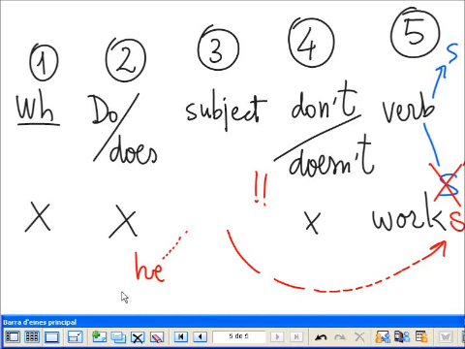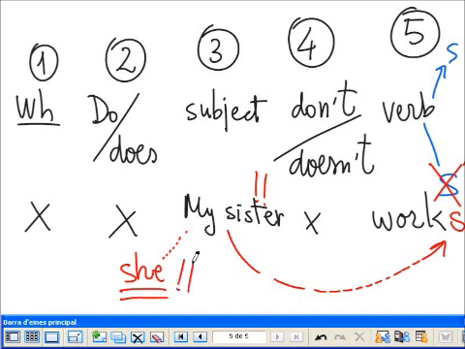And imagine it's not John. Imagine it's a girl. My sister, la meva germana. La meva germana és una noia. My sister. It's not he, it's she. Yes. And we have the S that goes to the verb. My sister works. La meva germana treballa.